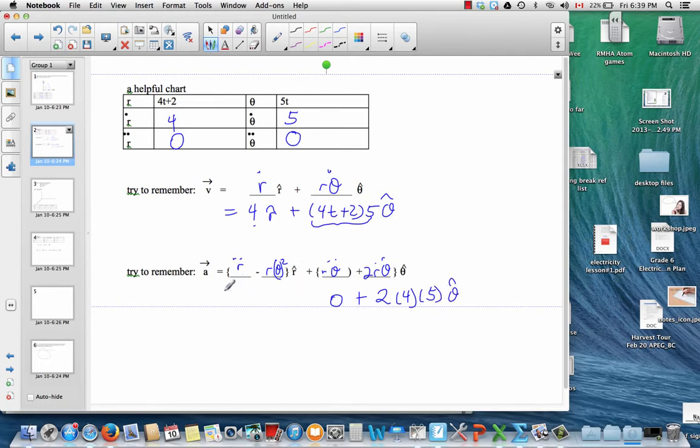Now in the radial direction, r double dot is 0, but we certainly have a term here, r theta dot squared. Theta dot's 5, so theta dot squared is 25 in the radial direction. So this is also time dependent. It's in the negative r hat direction, which will be inwards, and then this is 40 in the angular direction.